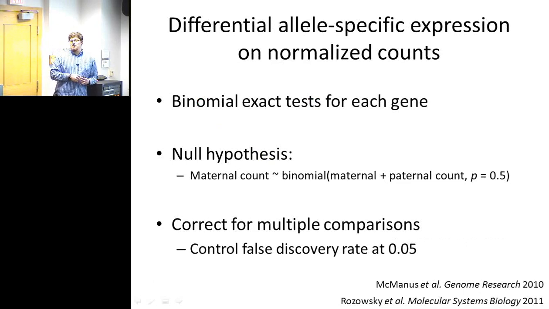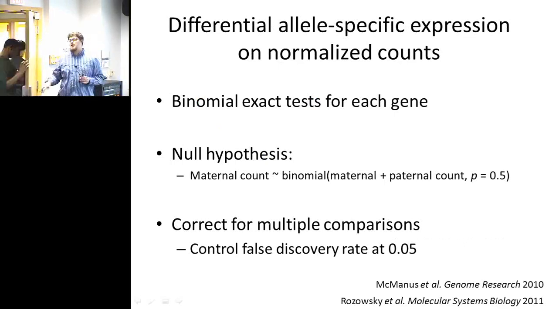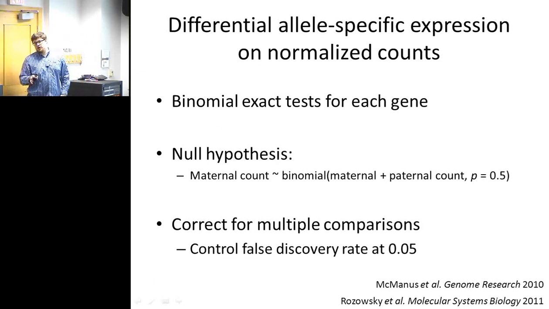I can't think of another test for, for example, comparing two alleles. I think this is kind of the gold standard for allele-specific expression of count data, where you don't have replicates. Someone could come up with a test that takes into account the difference in variability. If you have replicates, none of this applies.